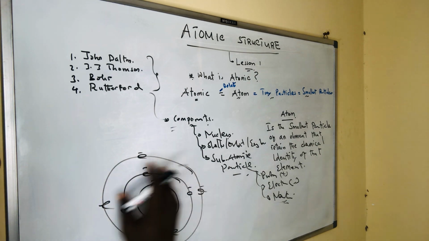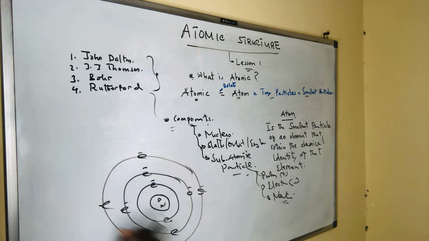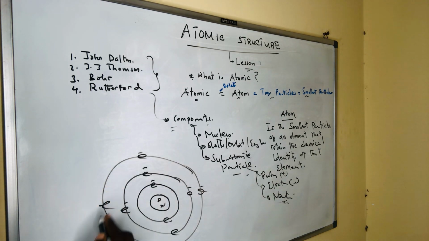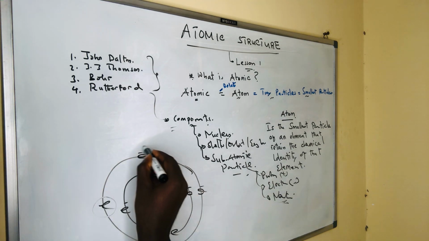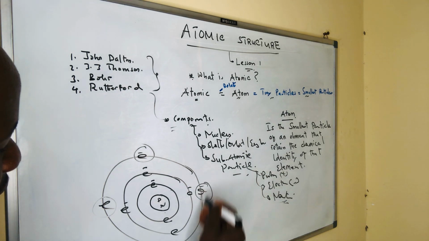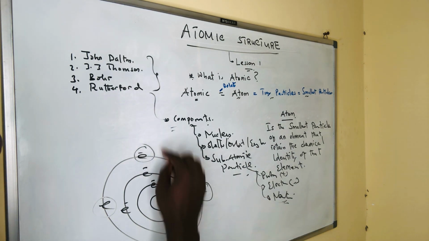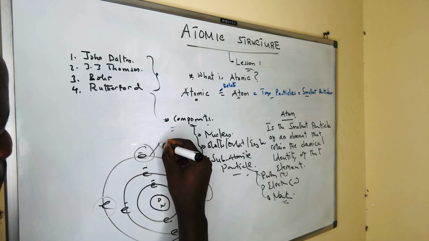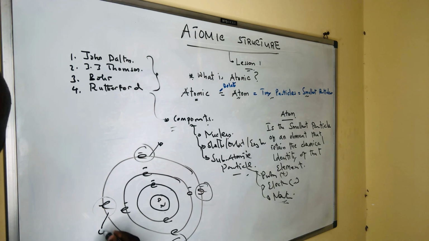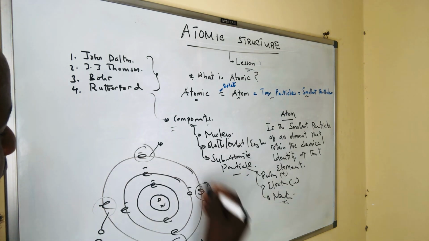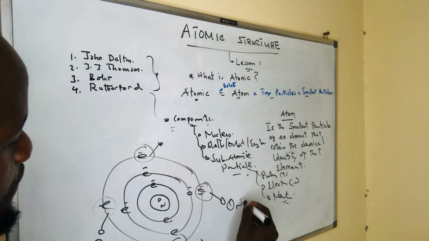Kazi yake ni kuzunguka hii nucleus, na zinazunguka kwa kutumia njia ambayo inaitwa shell. Sasa mimi hapa siwezi nikazionyesha kwamba zipo kwenye constant motion kwa sababu naandika ubaoni, it is very hard to show that motion. But hizi region ambazo zinakuwa zina electrons, hapa maeneo ambayo nimelocate hizi electrons, haya maeneo haya, in chemistry tunaita orbitals.